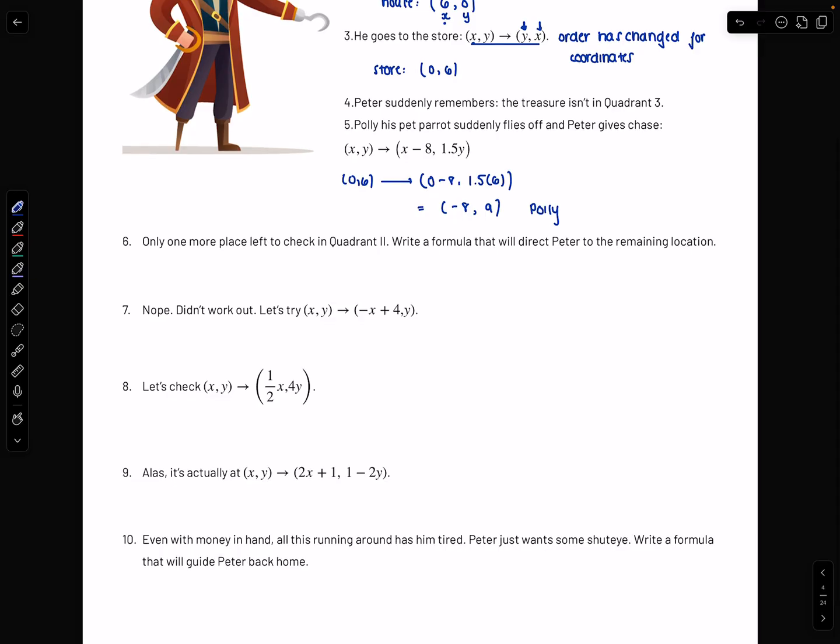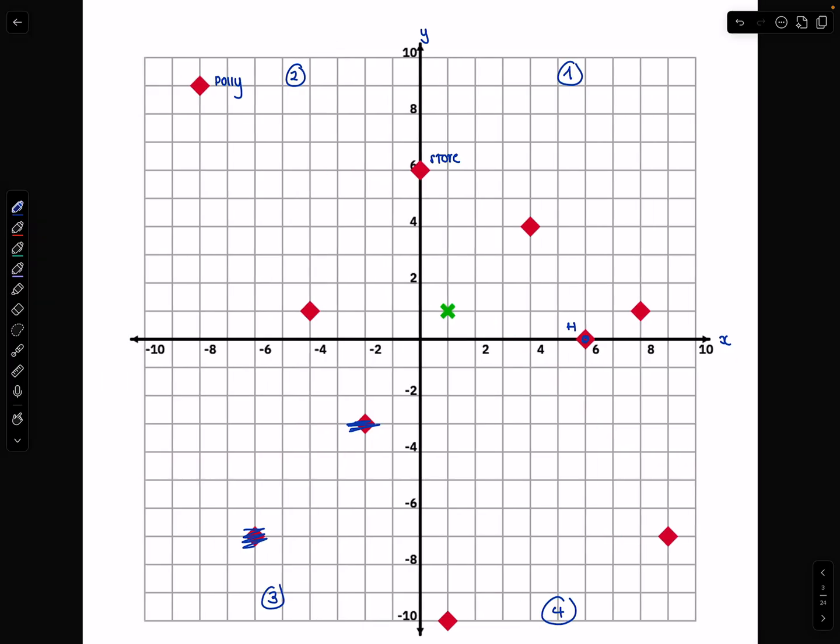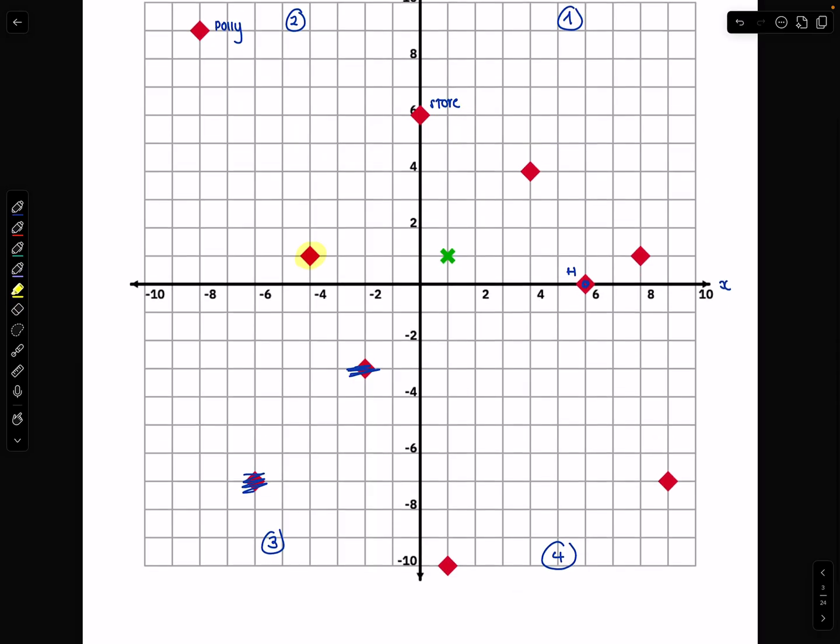One more possible, only one more place left to check in quadrant 2. Write a formula that will direct Peter to this remaining location. So we're looking at quadrant 2. And so we're looking at this location right here. Well, how can I get from Polly to this location?